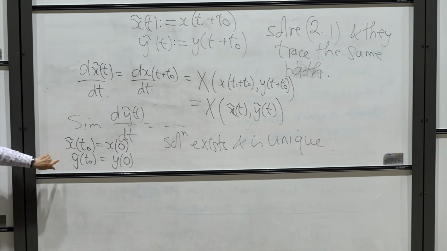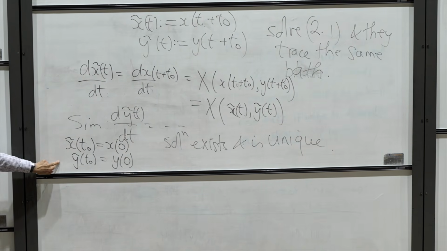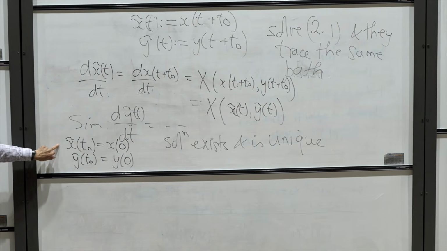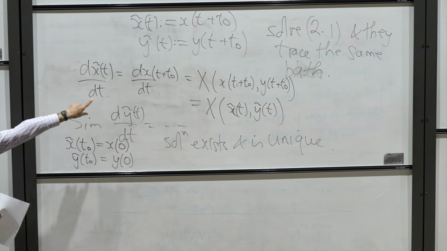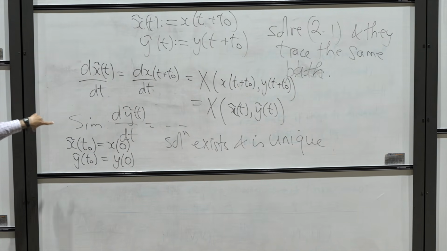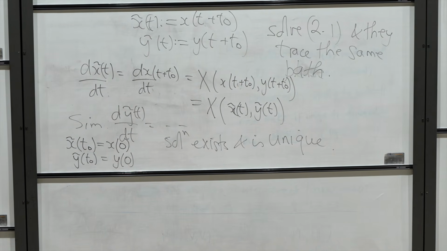And so the solution to this exists and it's unique, but it satisfies the same equation as x and y did, so it must be the same path. Okay?